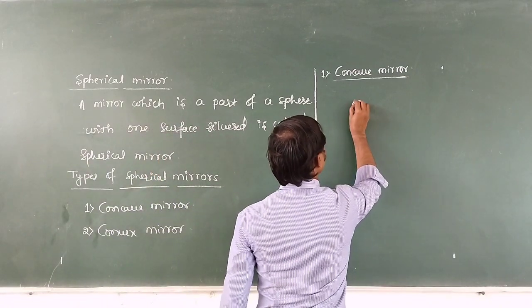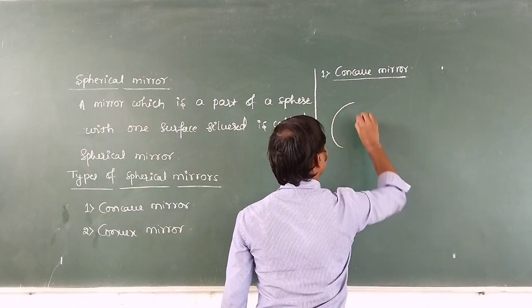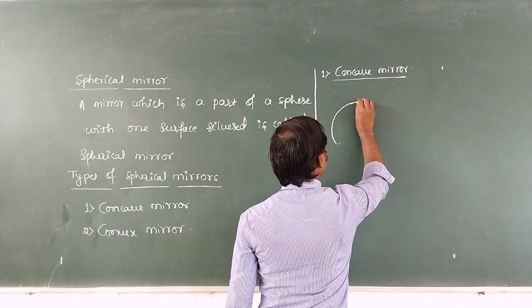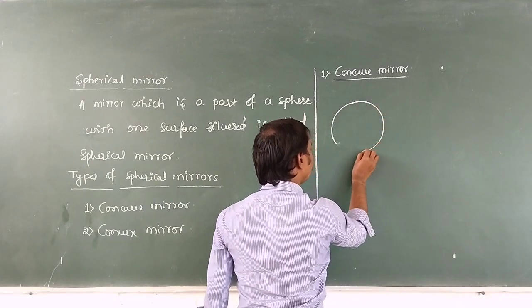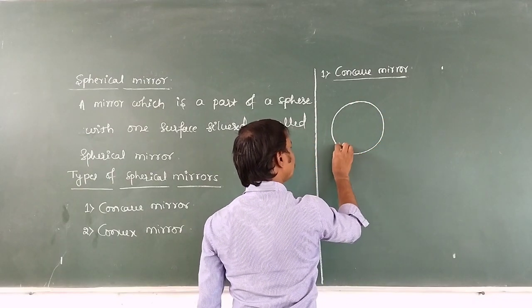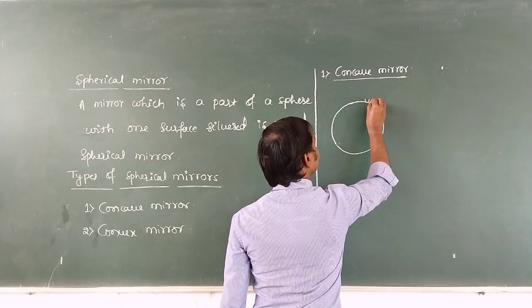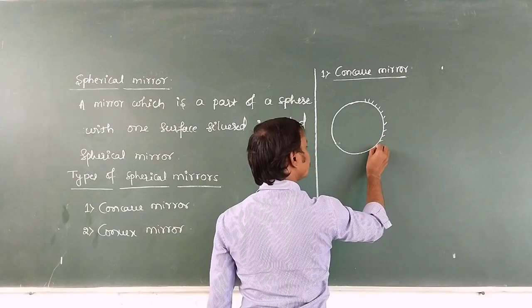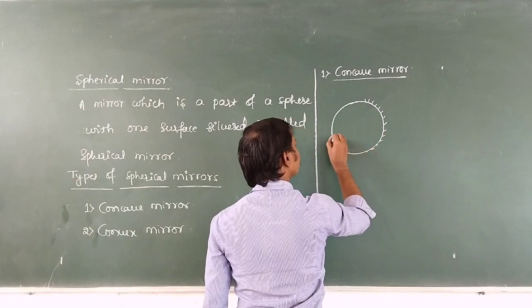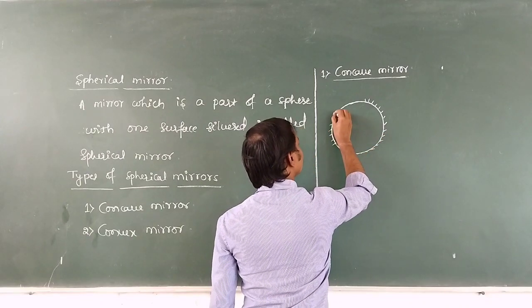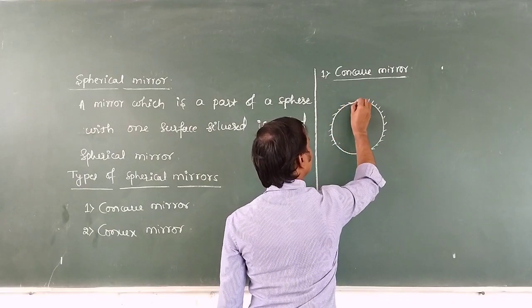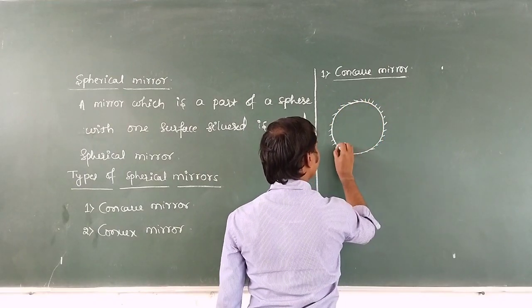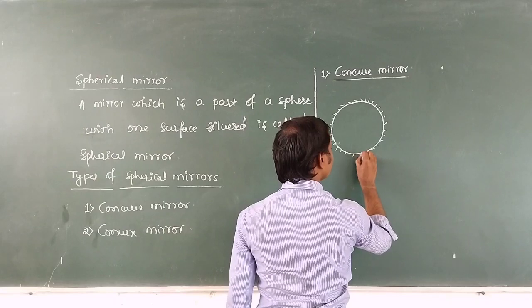Now see here. Let us take it as a sphere, and in case of concave mirror, the outer surface is silvered. The outer surface is silvered and inner surface is reflecting. So this shaded surface indicates that the outer surface is silvered.